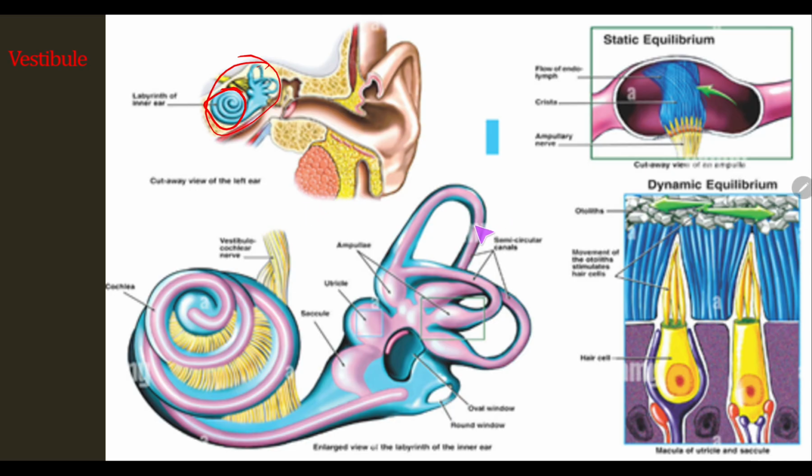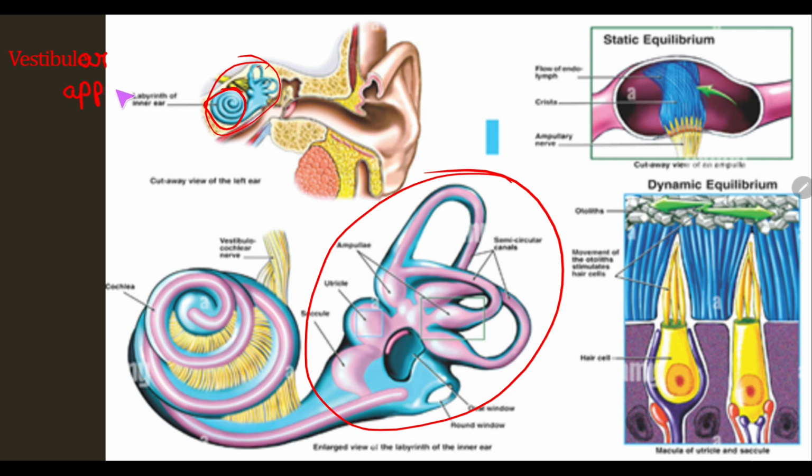Next part is vestibule. This portion you see is vestibular apparatus. This vestibular apparatus includes, are you observing this canal-like structure? These canal-like structures are called semicircular canals, and at the base of all semicircular canals you see some ampulla-like structure present.